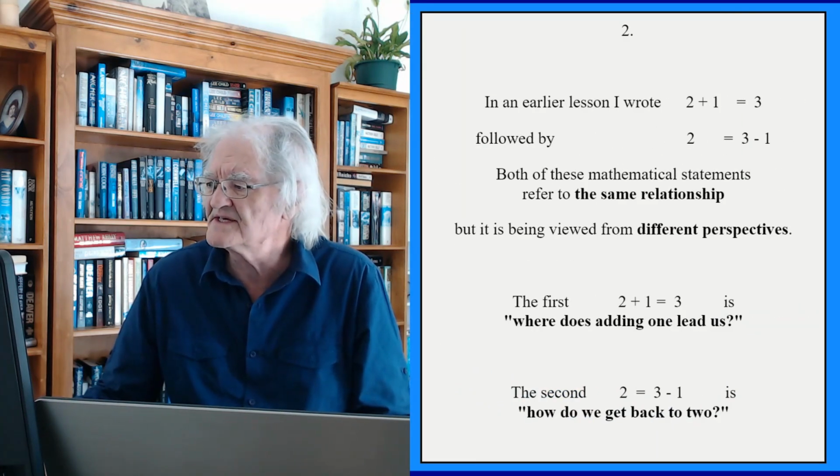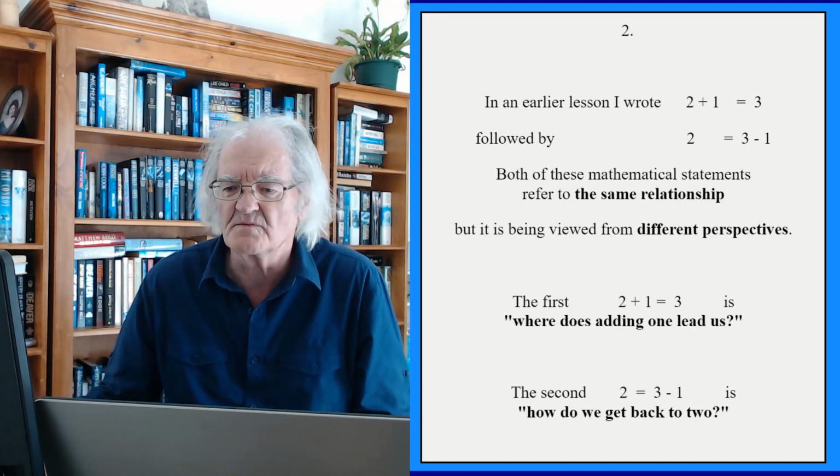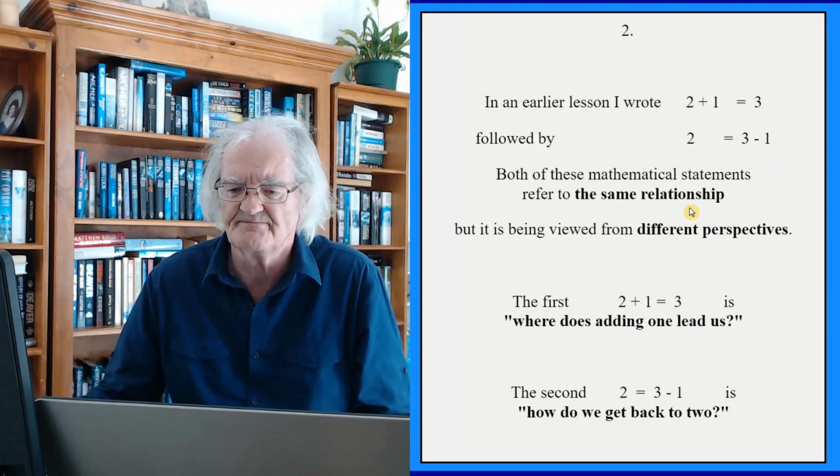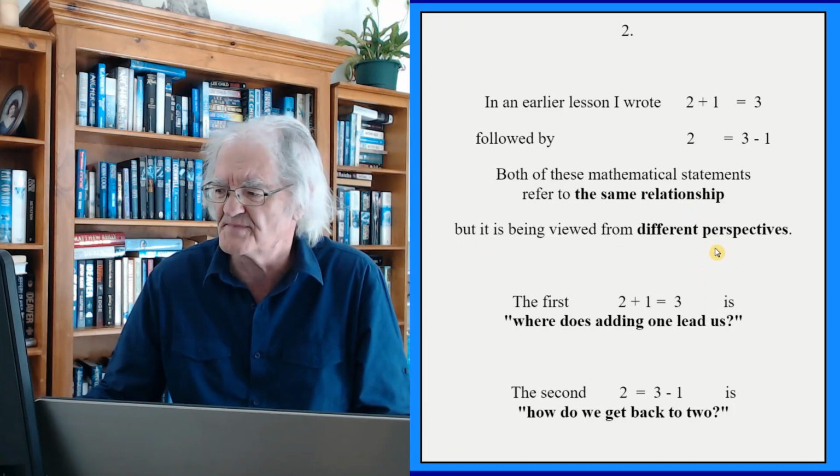In an earlier lesson, I wrote 2 plus 1 equals 3. And I followed that by 2 is equal to 3 minus 1. Both of these mathematical statements refer to the same relationship, but it is being viewed from different perspectives.